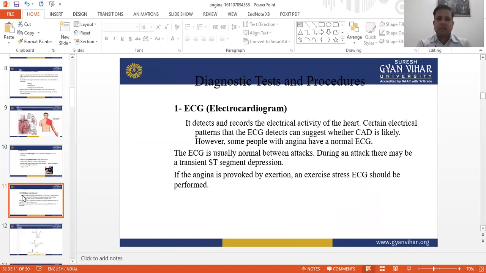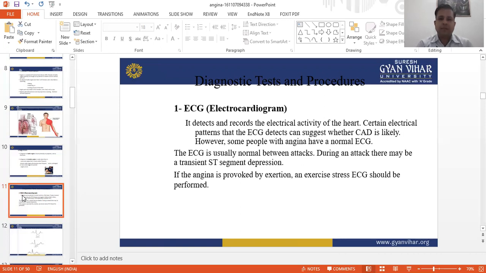Diagnostic tests and procedures. First is the electrocardiogram, that is ECG. It detects and records the electrical activity of the heart. Certain electrical patterns that the ECG detects can suggest whether CAD, that is coronary artery disease, is likely.